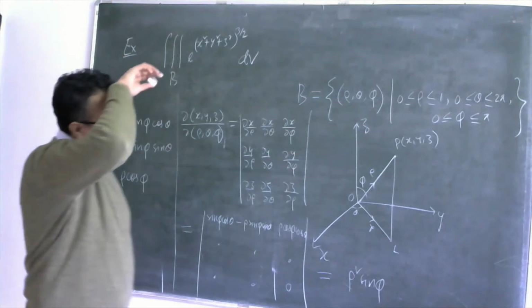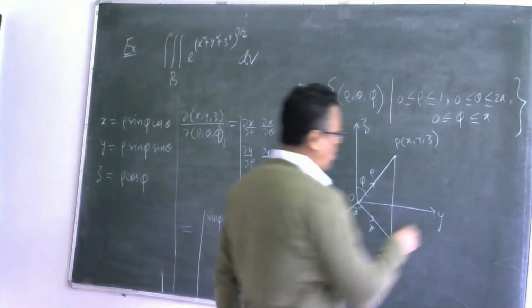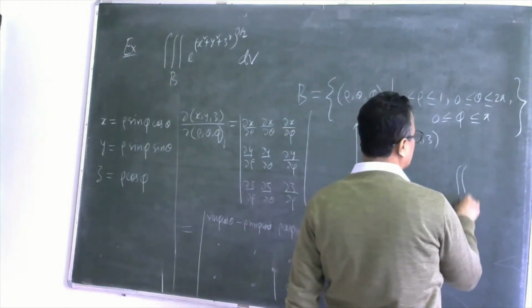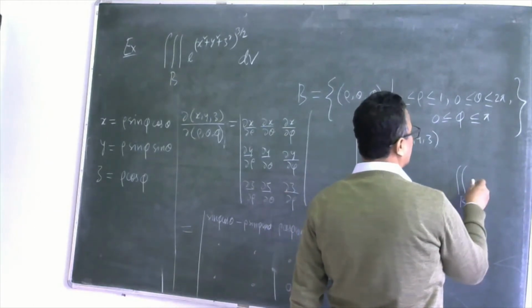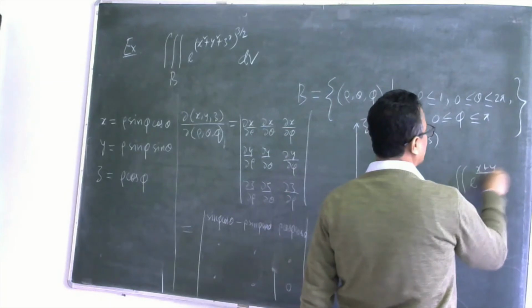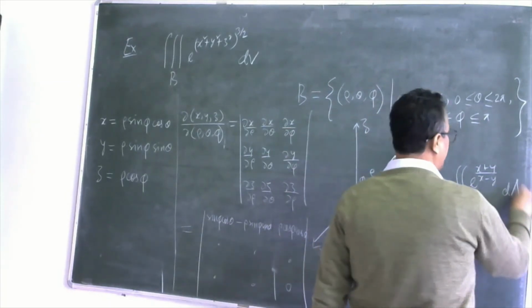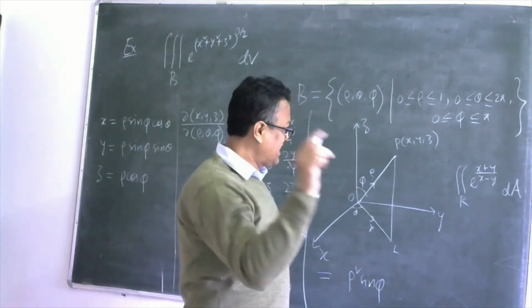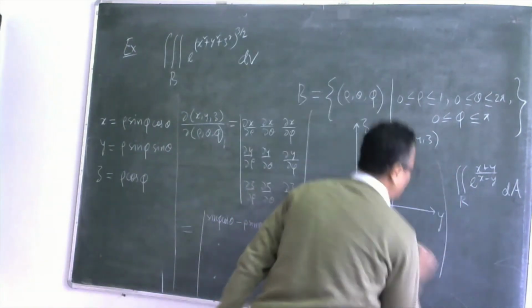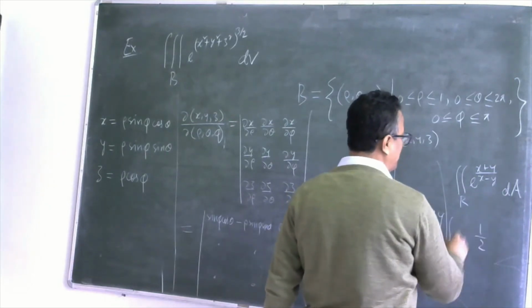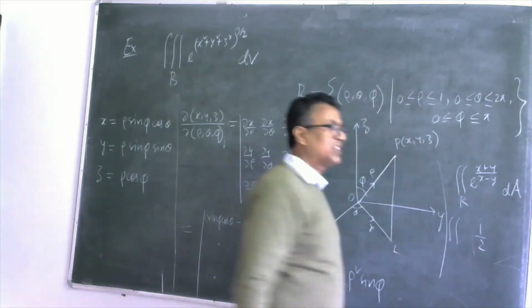And again, in the last example that I worked out in the 2D plane, I had something like e to the power (x plus y) times (x minus y) dA. Remember, when I was telling where the half came in the calculation, I said that half was the determinant.